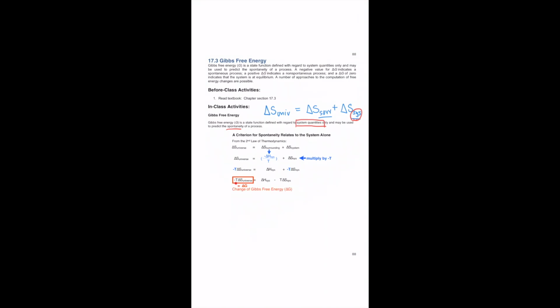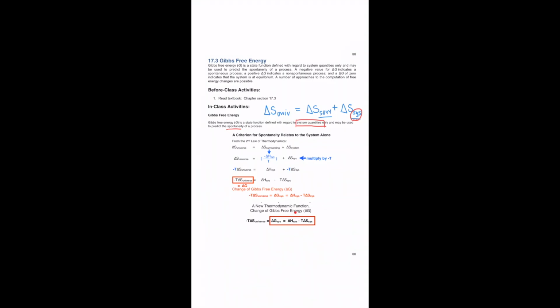And we can define this negative T times the change of entropy of the universe as the change of the Gibbs free energy. So the change of the Gibbs free energy belongs to the system because enthalpy is of the system, and the entropy change is also of the system. And we get that delta G of the system equals the change of enthalpy minus temperature times the change of entropy for the system.